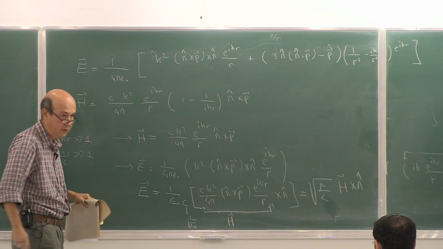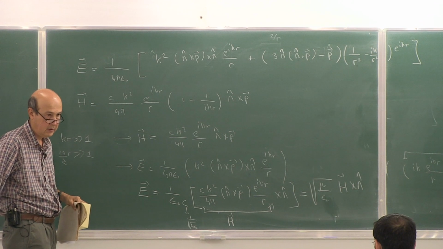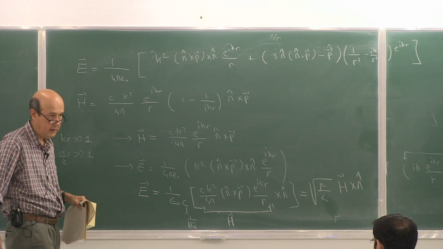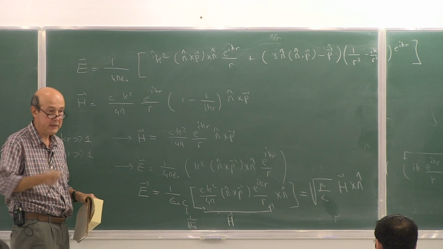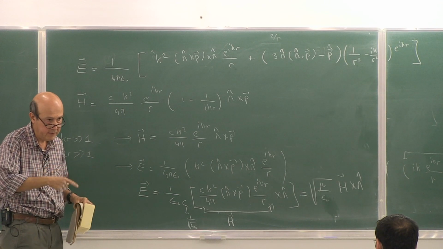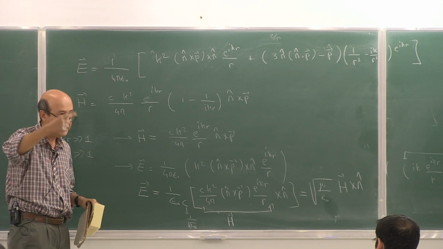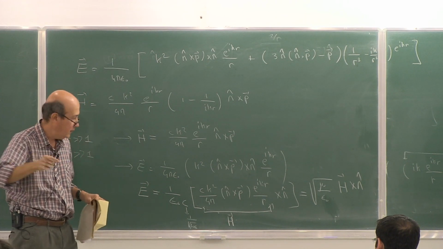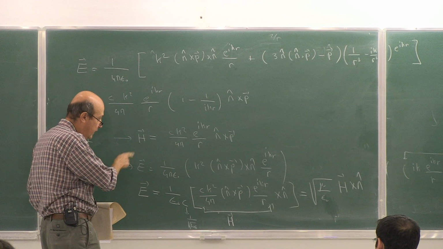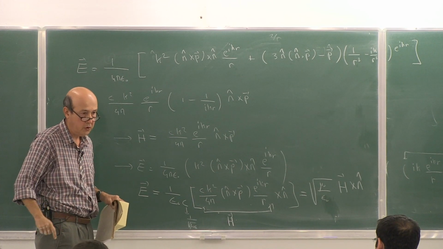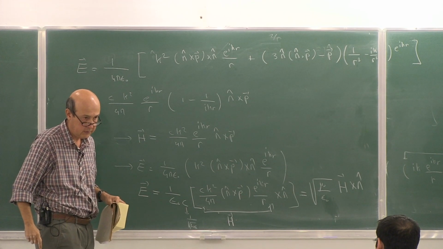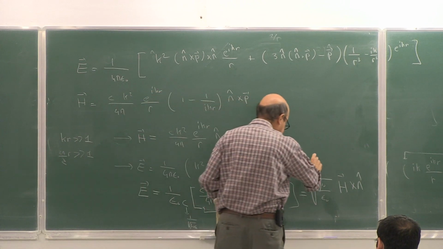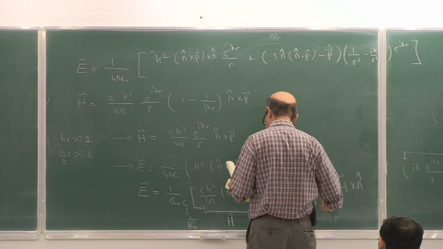Is this something we saw in the past? Yes, this is the behavior of the plane waves. These are not plane waves, these are spherical waves. Amplitudes of the waves are decreasing as 1 over r, but if you go to the far field zone, that tells you that E, H, and n are mutually orthogonal to each other. And that is the impedance of the free space.